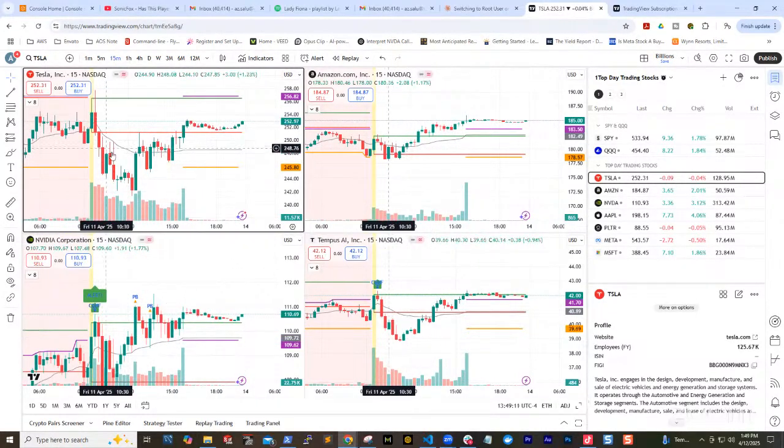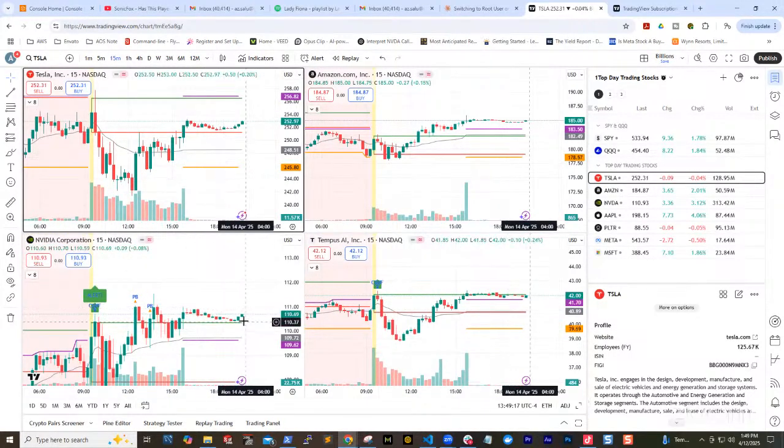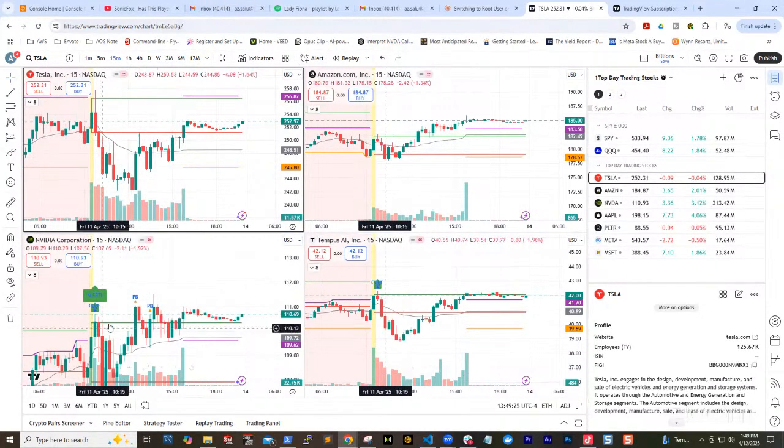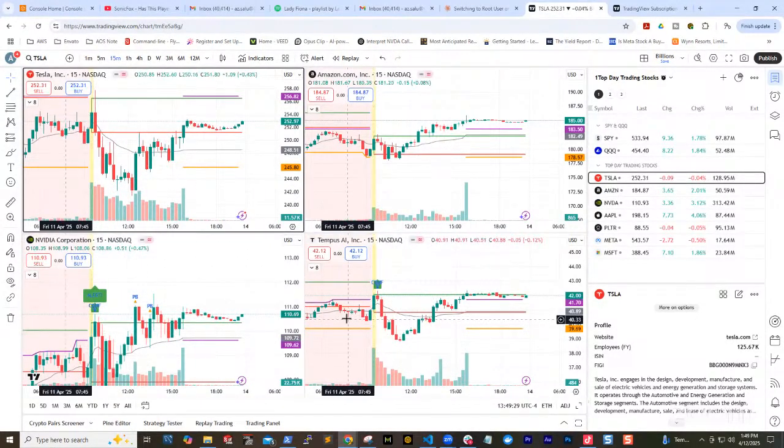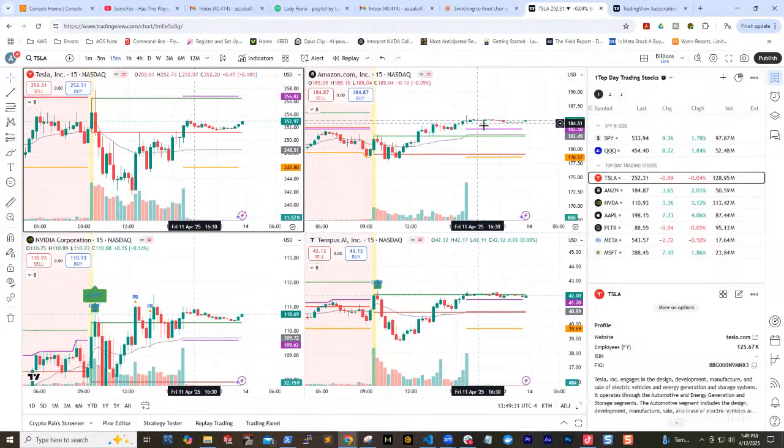Yeah, the correlation. You see that the price is almost moving the same. Under normal market conditions, this doesn't happen. The prices don't move the same, because Tesla might be up and Amazon might be down, and vice versa, NVIDIA might be up. They don't move the same. They are moving the same way because it is based on the market sentiment, right?